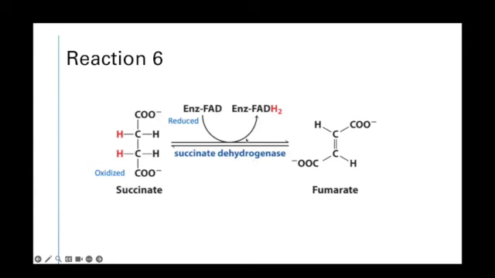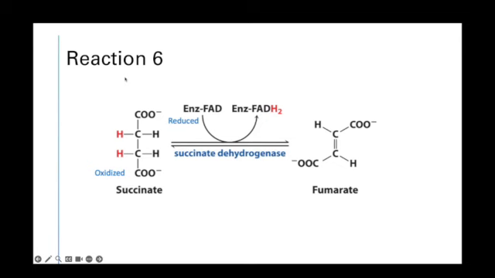Then we start regenerating oxaloacetate. So in the next step, we have succinate dehydrogenase, which generates a molecule of ubiquinol. So we go from succinate, which gets oxidized, and we reduce the enzyme which carries an FAD cofactor.